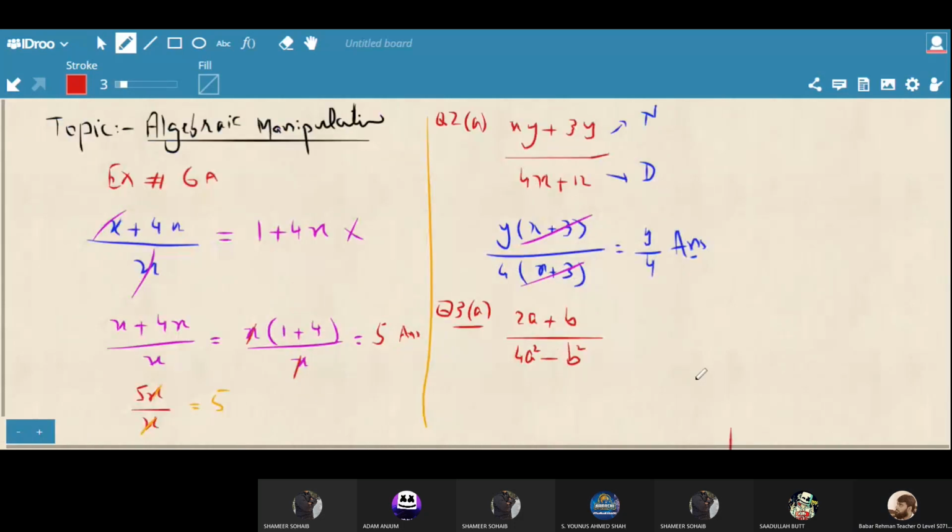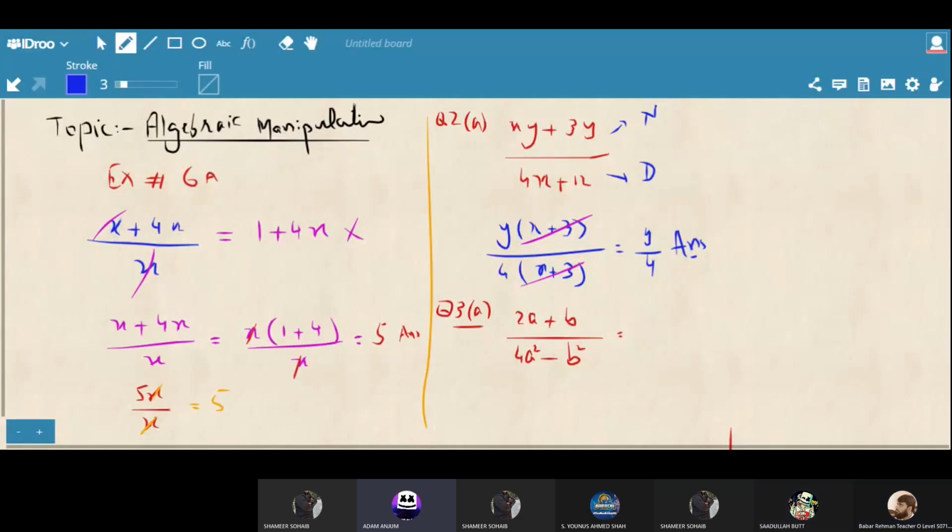Okay, dear students, how can we do this now? What is the common in the denominator? Nothing is common. We use a formula.